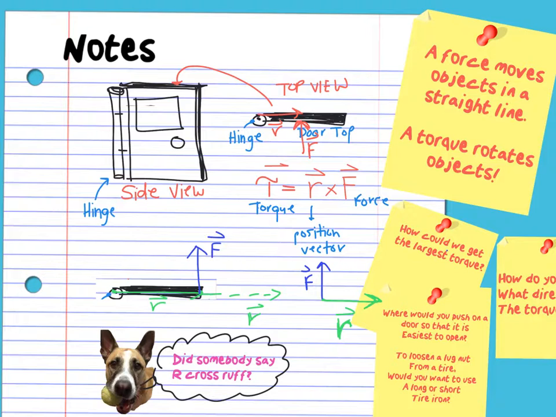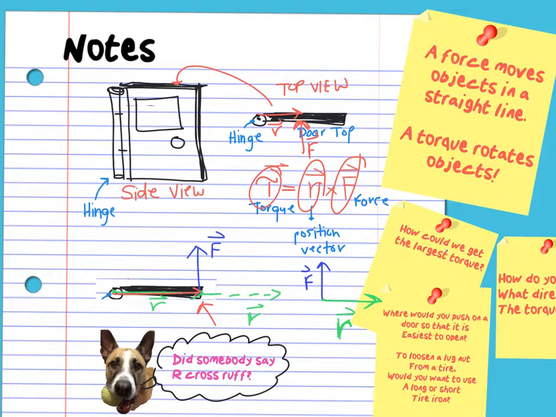That is why, the closer to the edge of the door the force is, the bigger your lever arm is, and a bigger value here times a bigger value here equals a bigger value here.